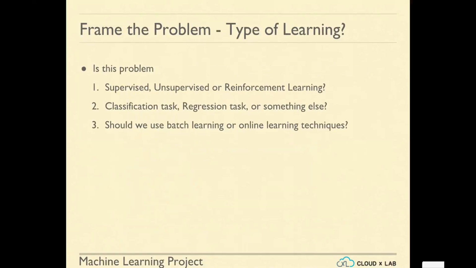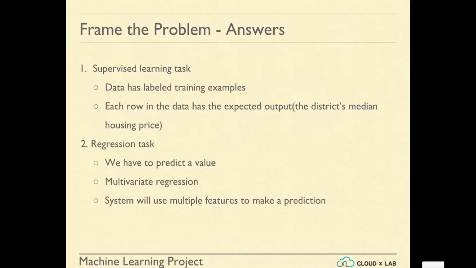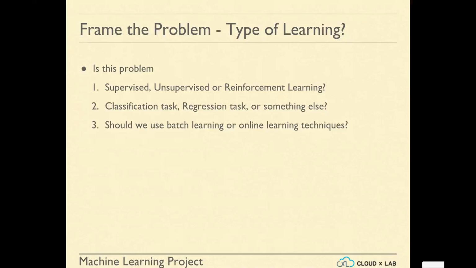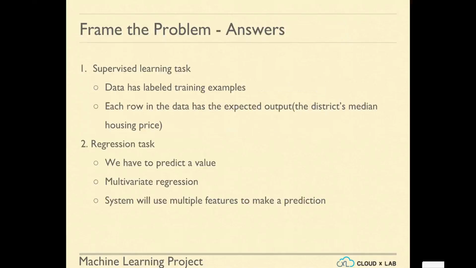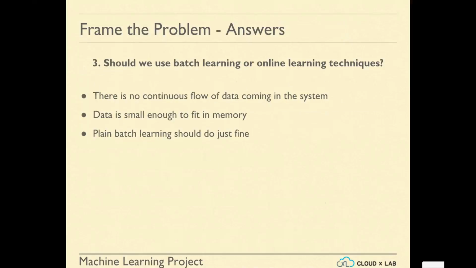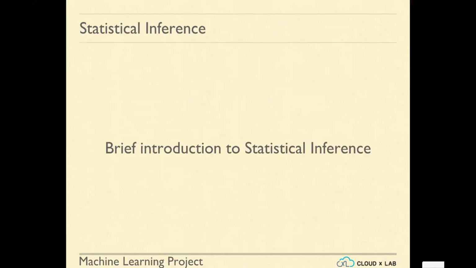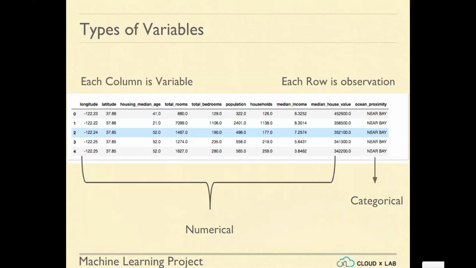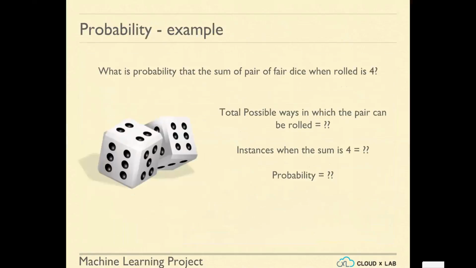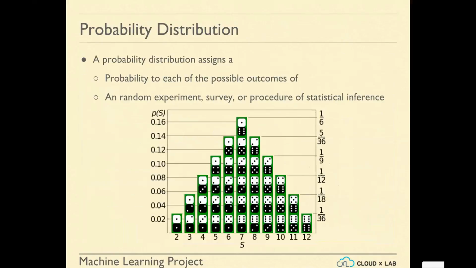We understood that we are going to do a supervised regression task, and we're going to go with batch for now. Select a performance measure. Then we talked about root mean square error. Then we went to statistical inference, talked about probability, and probability distribution.